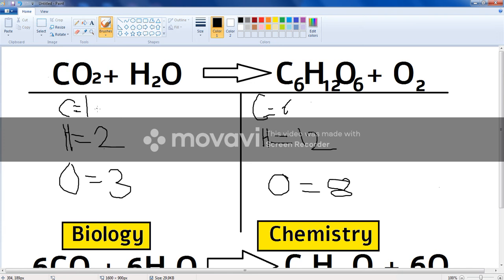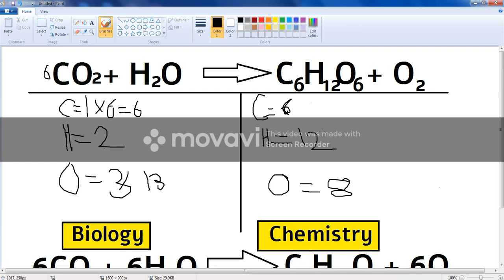Now, in this side there is 6 carbon and on the other side there is 1. To make this 1 as 6, we can multiply it by 6. Then it will become 6. As we have multiplied it by 6, we have to write 6 here. After this, oxygen will become 6 into 2, that is 12, and here it is 1, so 12 plus 1 is equal to 13.